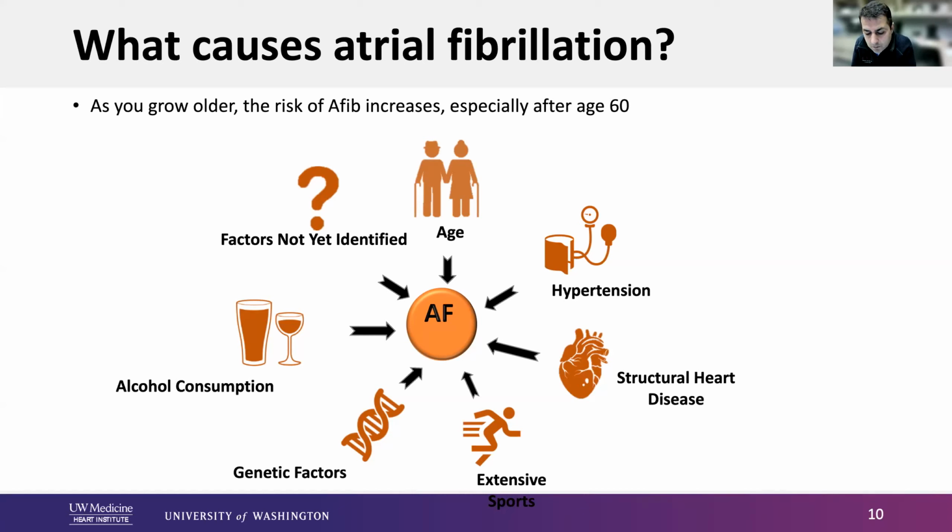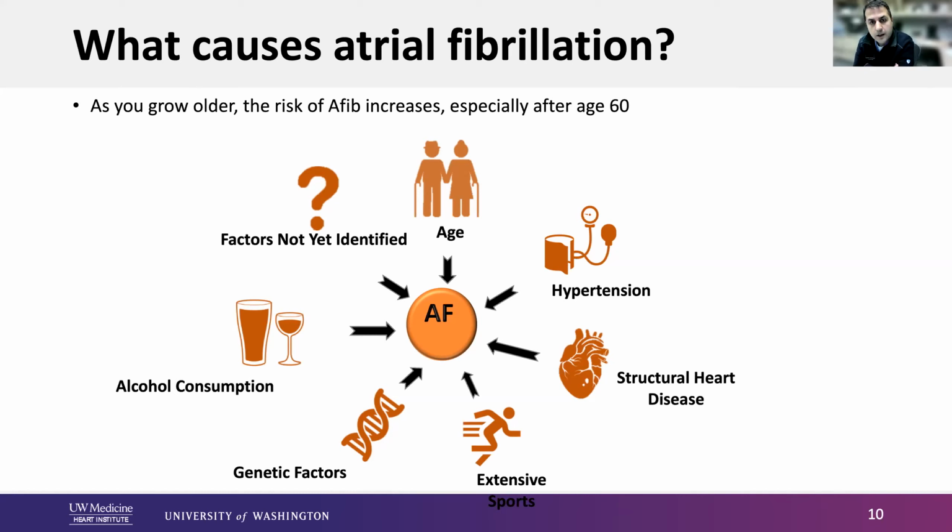So wear and tear affects many organs like your joints or your muscles or your kidneys, and it can also affect your heart. So one of the ways it can show itself on the heart is with this arrhythmia, and that's the association with age.